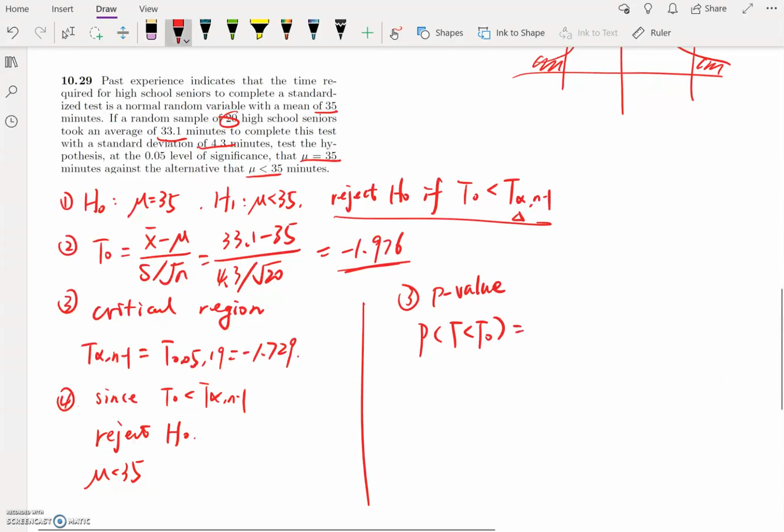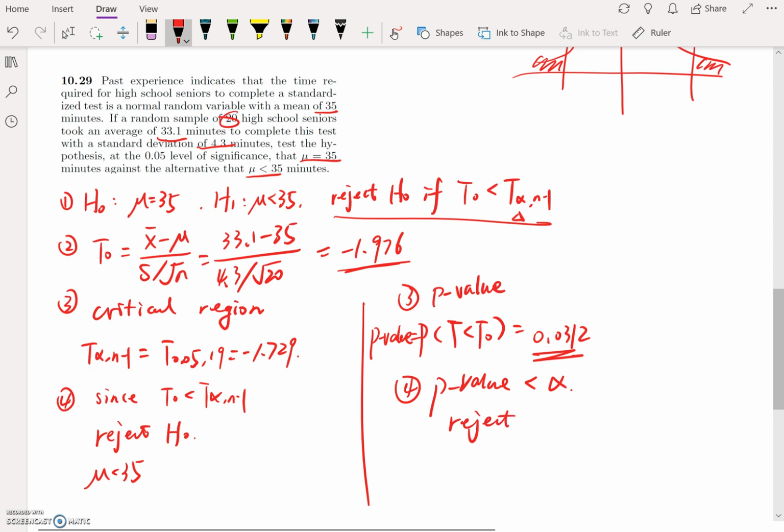If you look at the table, this equals 0.0312. And with this value, we make a conclusion here. Since the p-value is less than alpha, we reject H0. So mu is less than 35.